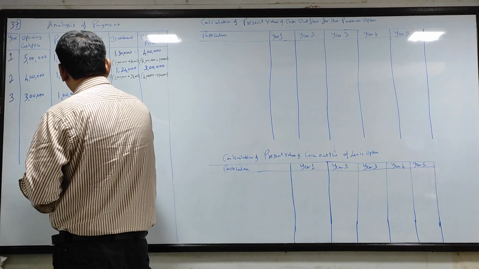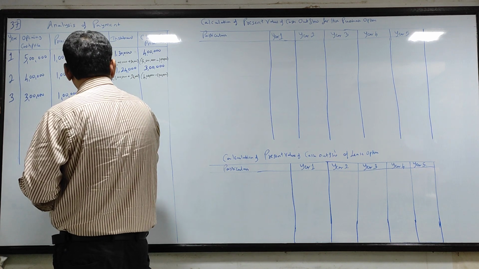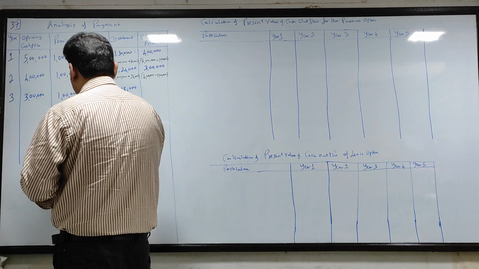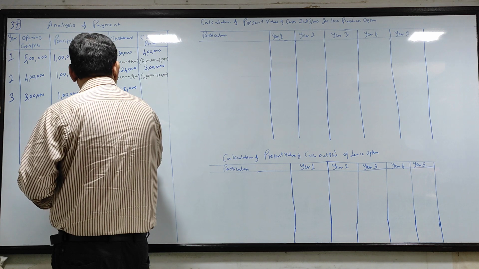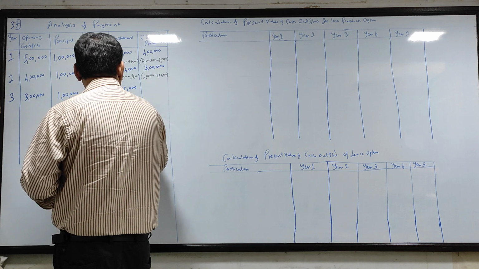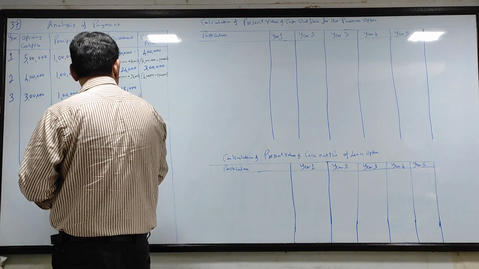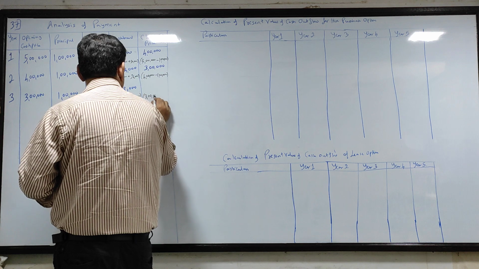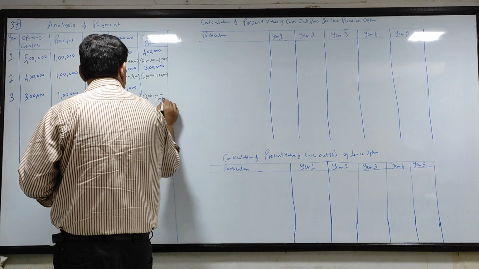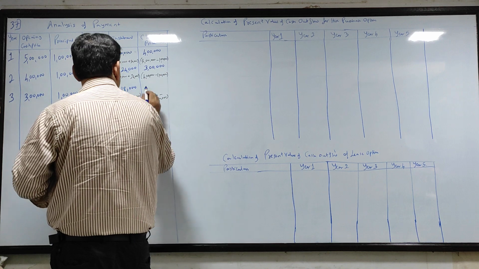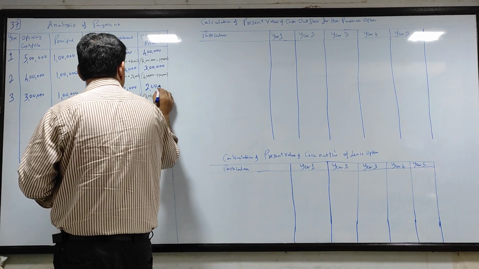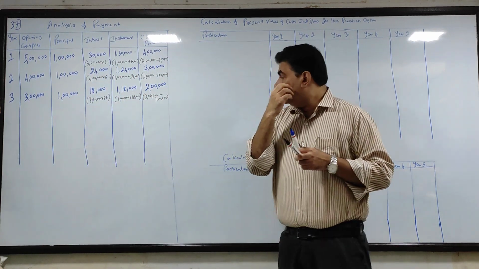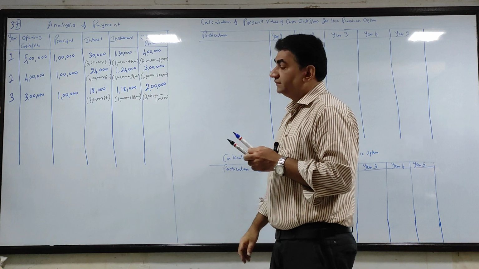So 3 lakh का 6% gives you 18,000. So this will be 1 lakh 18. How 1 lakh 18? 1 lakh principal plus 18,000. And my closing cash price will be 3 lakh minus 1 lakh, that will give you 2 lakh.